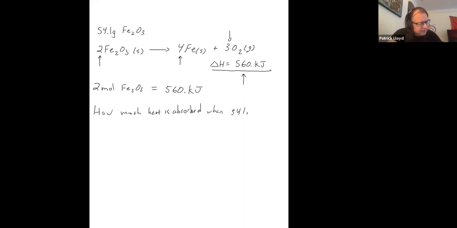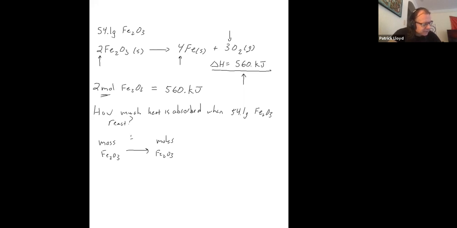when 54.1 grams of Fe2O3 react. Okay, well, pretty straightforward. So what we're going to do, since this is in moles, is convert our mass of Fe2O3 into moles. Right, so how do we do that?